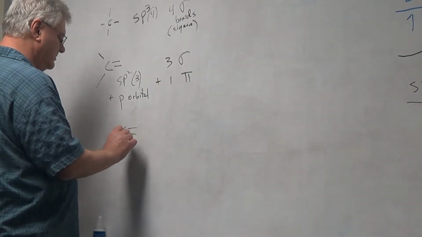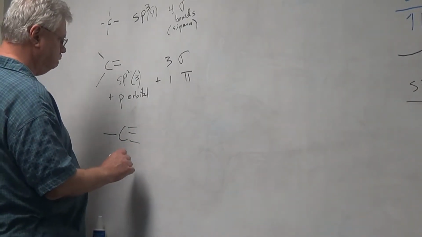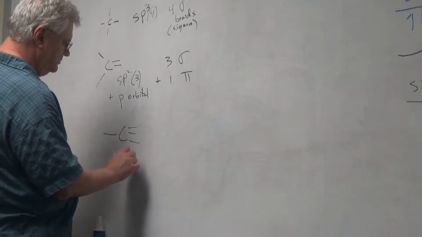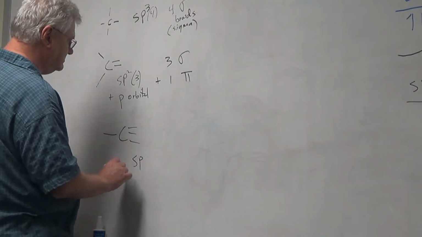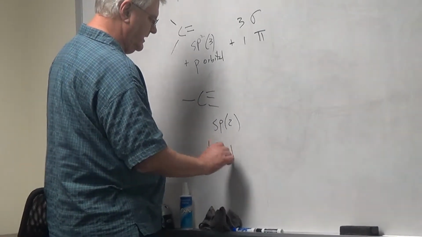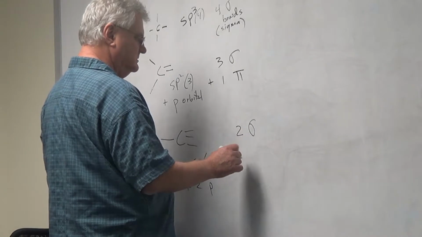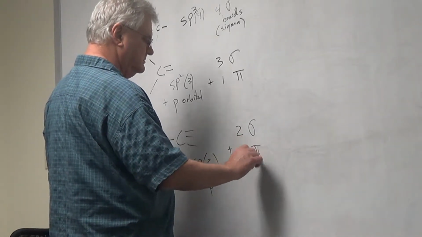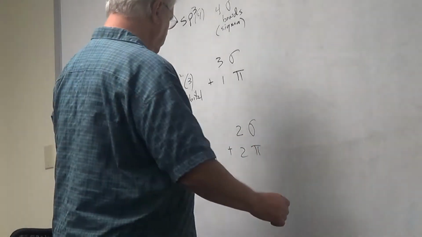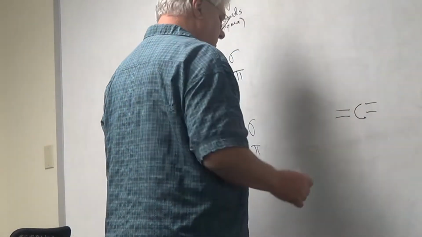If carbon has a triple bond, and I won't draw this one because it's such a mess, it ends up having two sp hybrid orbitals, and there are two p orbitals that don't participate in the hybridization. This results in two sigma bonds plus two pi bonds. This is also true if you have a carbon with two double bonds, like in carbon dioxide.